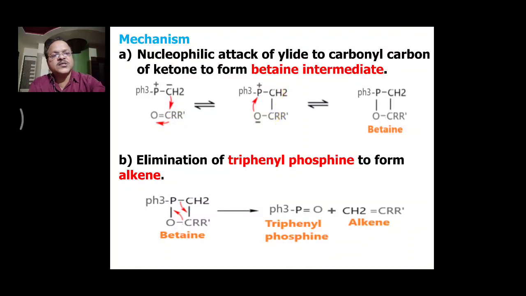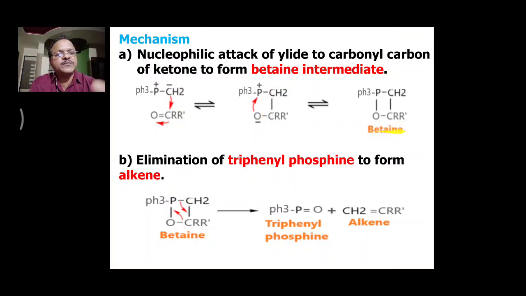Now in this species, phosphorus carries a positive charge, whereas oxygen carries a negative charge. This zwitterion species is rearranged to the betaine intermediate. There is bond formation between positively charged phosphorus and negatively charged oxygen to form this cyclic betaine intermediate.